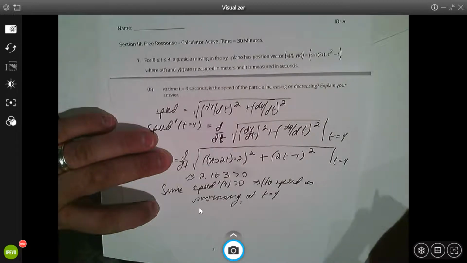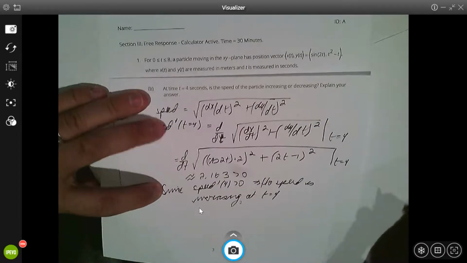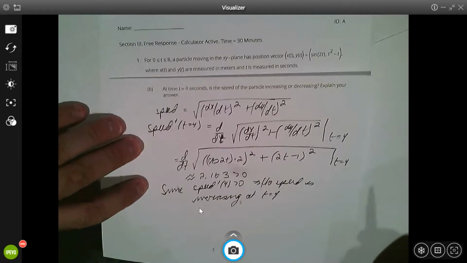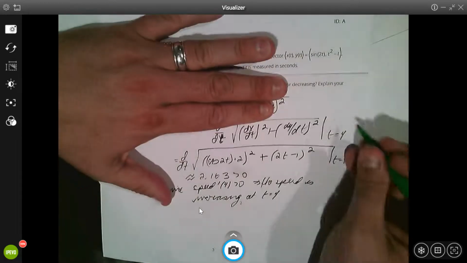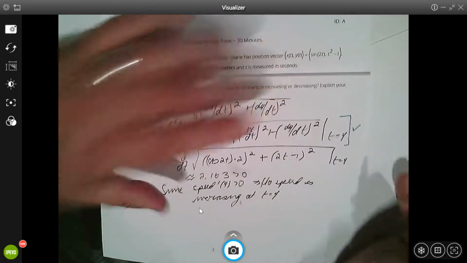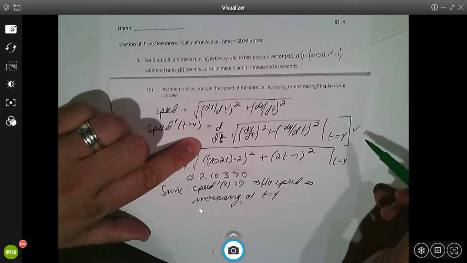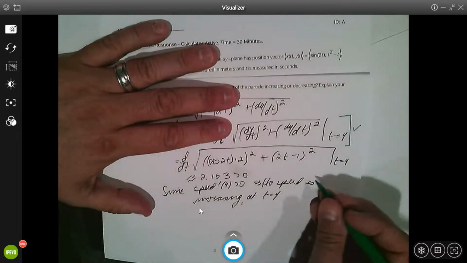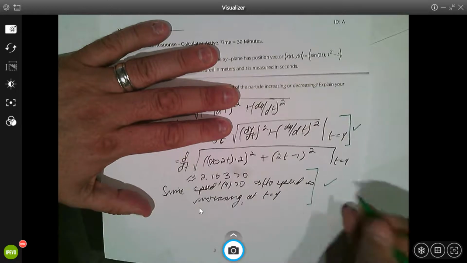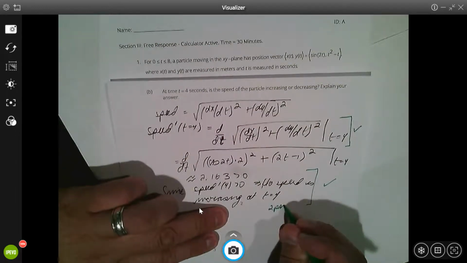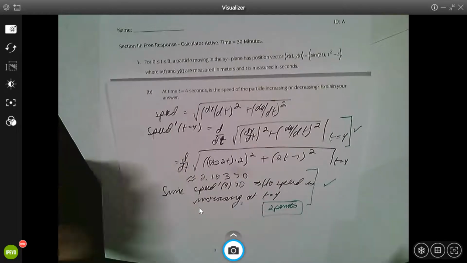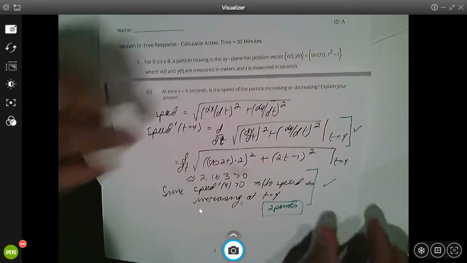So they awarded 1 point for considers s prime of 4. I'm not really sure what they're going to consider s prime. That could be that you've done this setup and you're ready to take the derivative. And then they offered another point for coming up with your reason with justification. Well, that's going to be a grand total of 2 points. All right, let's keep going.